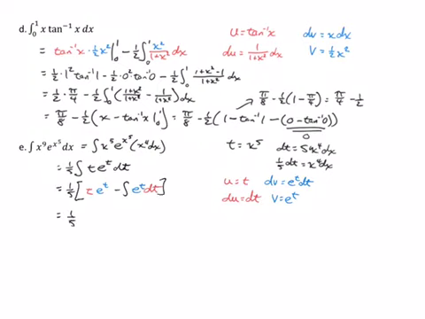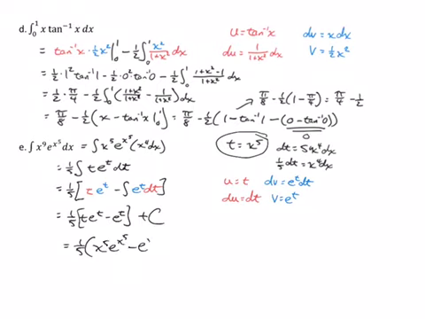We get 1/5 t e to the t minus e to the t plus a constant. And I thought I forgot the constant on the previous problem. I didn't. And we need to remember that t isn't just t. It is a representation for x to the 5th. So my final answer is 1/5 of x to the 5th e to the x to the 5th minus e to the x to the 5th plus c.